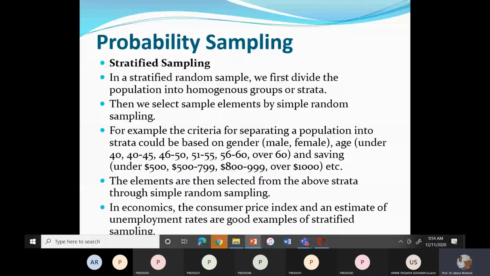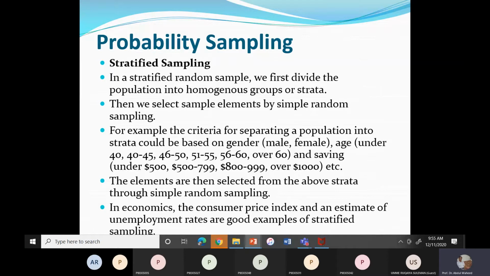Then next is stratified sampling. In stratified sampling, we first divide the population into homogeneous groups or strata, and then we get the data using simple random sampling. For example, in our population, we have male and female. Male would be one homogeneous group and female would be another.